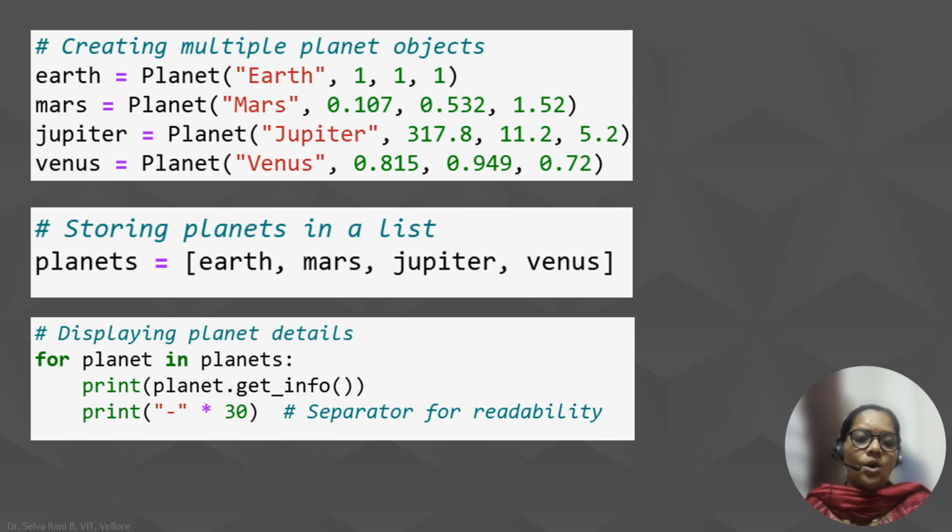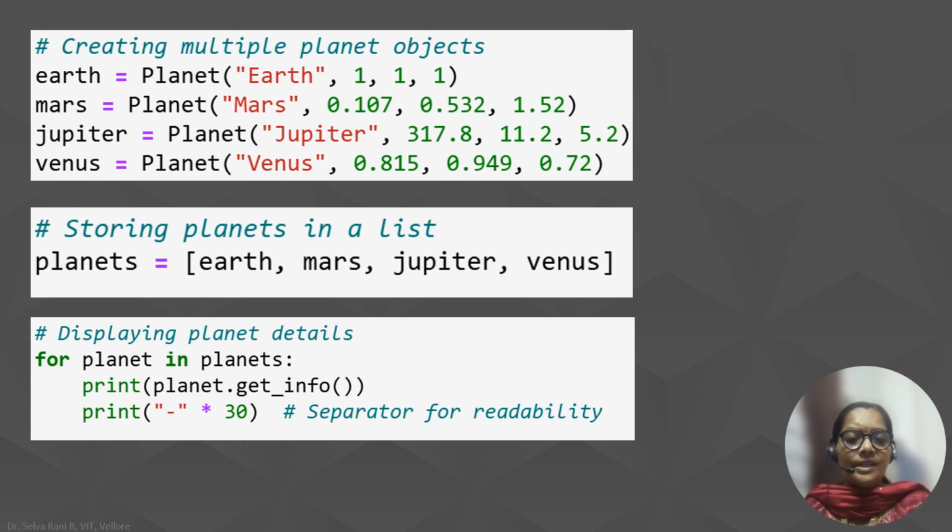And once the objects are created, they can be treated in a normal manner like how we are storing an integer value or a string value with the sequences like list or tuple or dictionary and so on. So in the second snippet, we are creating a list planets in which we are storing the planets Earth, Mars, Jupiter and Venus as normal elements.